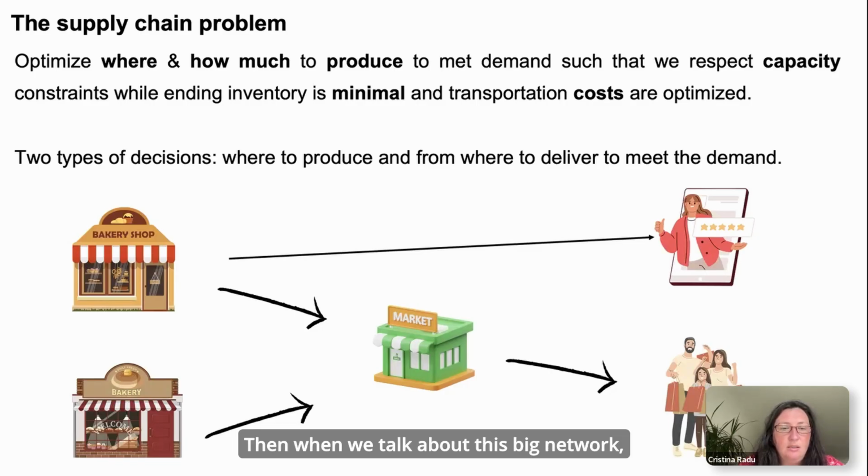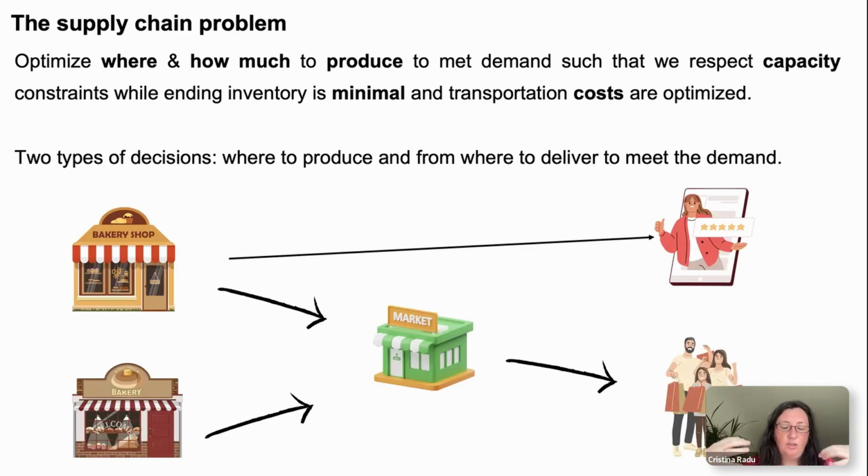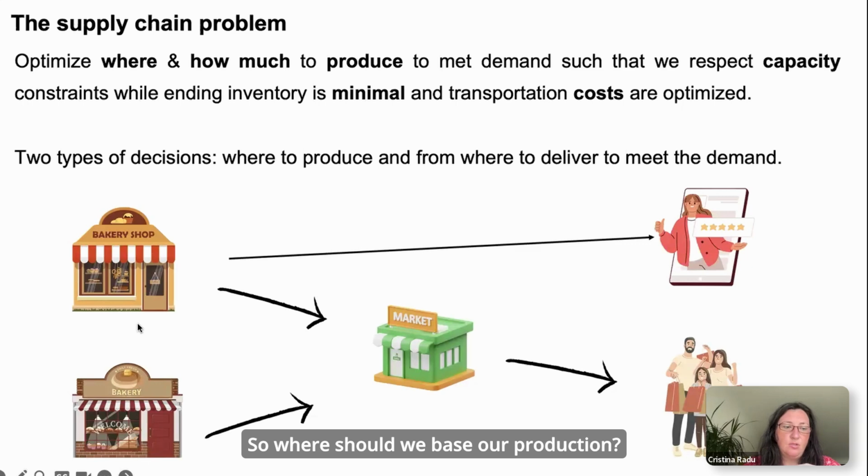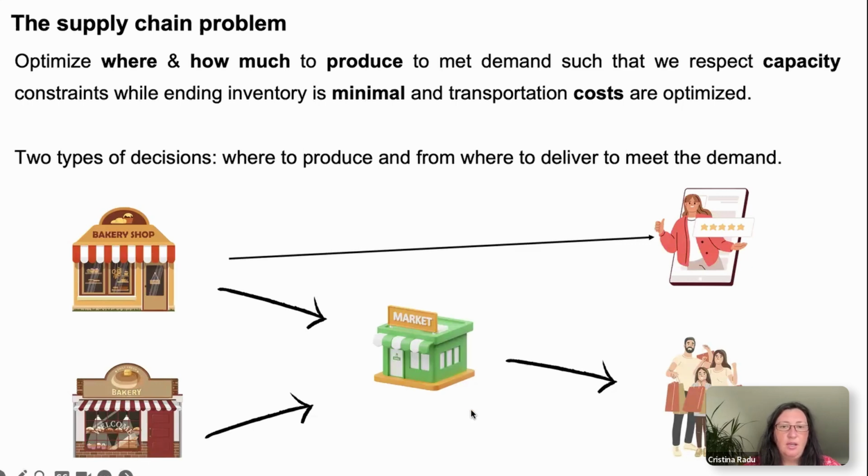And then when we talk about this big network, there are two types of decisions: where to produce. So where should we base our production? And then from where to deliver to meet the demand.